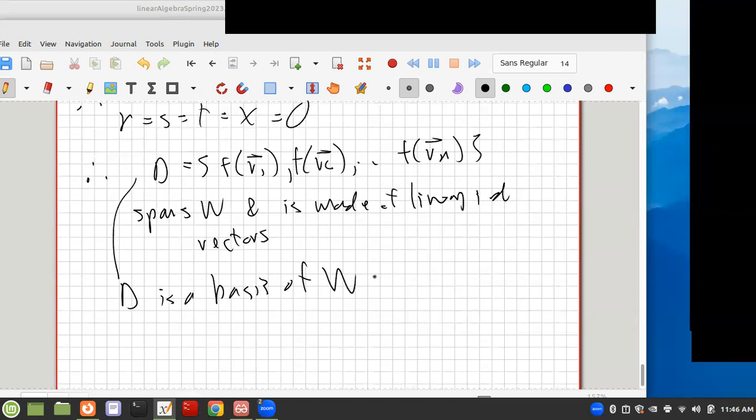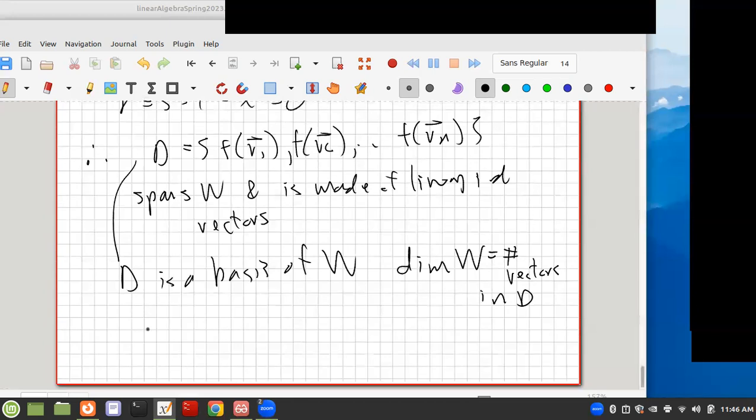Okay, so we know that the dimension of W equals the number of vectors in D. Well, how many vectors are there here? We have n vectors here.